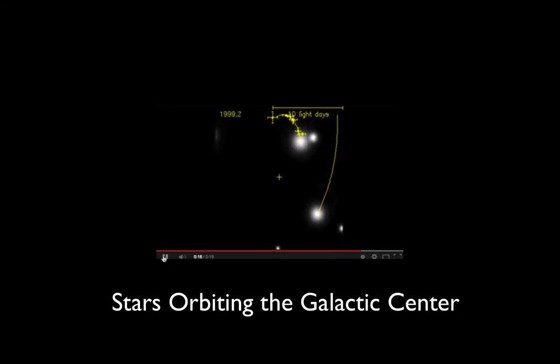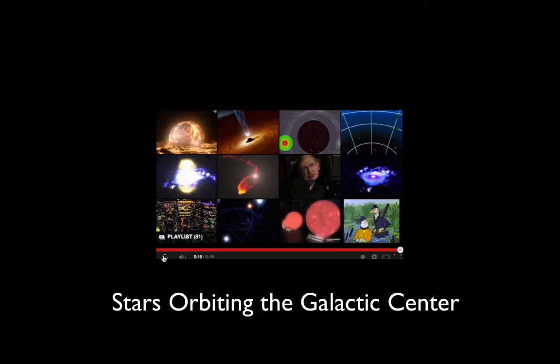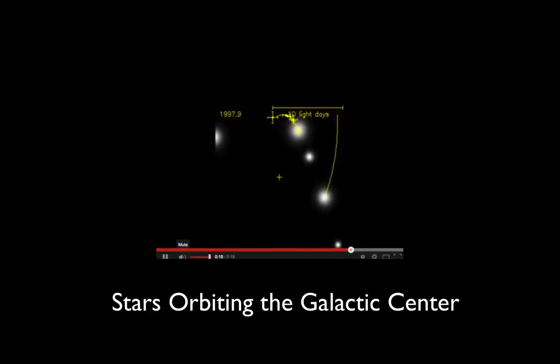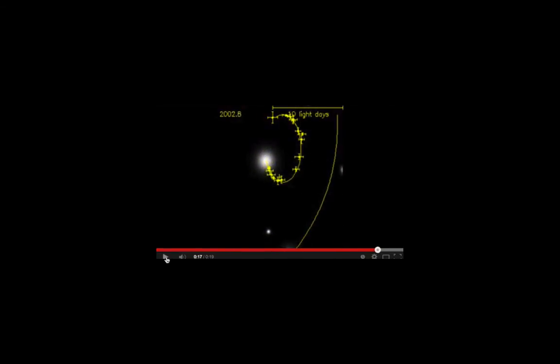And so you can see, especially for this star, look at how, first, it's a very elliptical orbit. It comes in and makes this very, very elliptical orbit right around one focal point. And there must be some mass at that focal point, right?